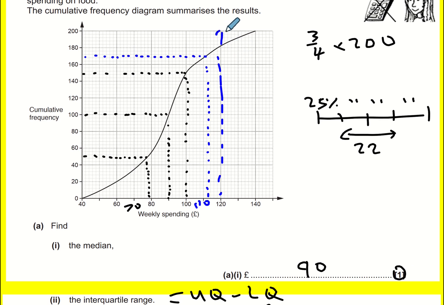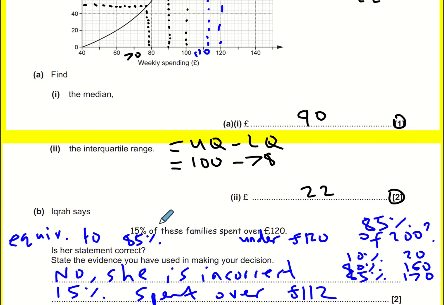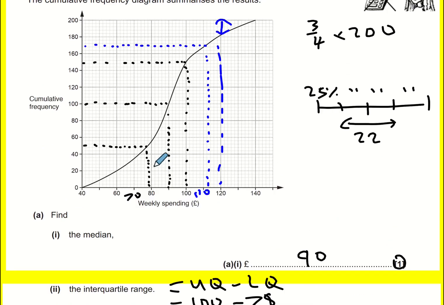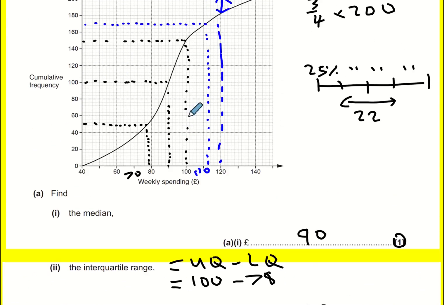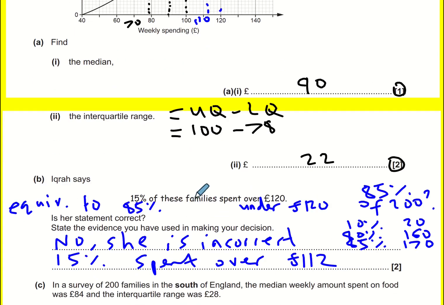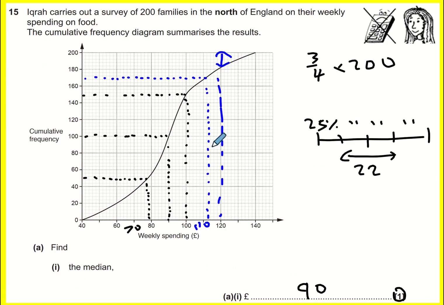So work out the difference between 200 and that, and then write that down as a percentage of 200. That will tell you the percentage that have in fact spent £120 or above, and it would be less than 15%. So you could make the conclusion from that. I think those are the two main ways of doing this. Yeah, I would go with those two.